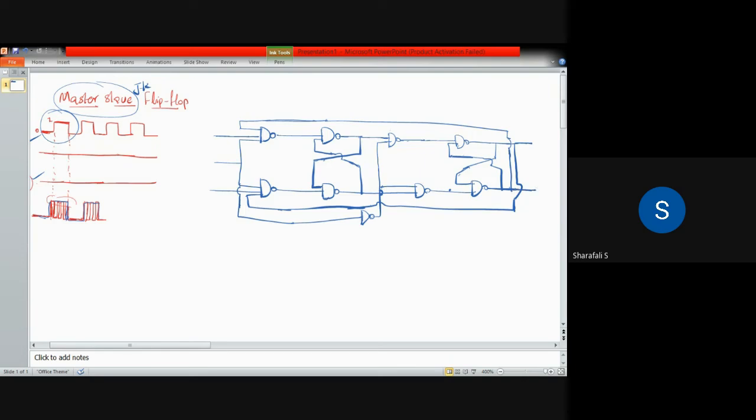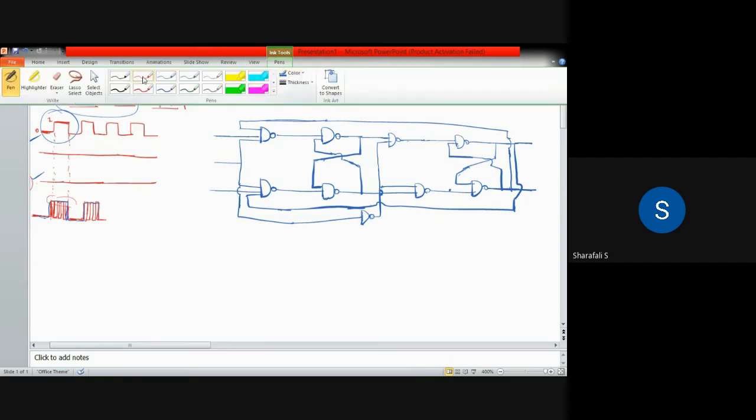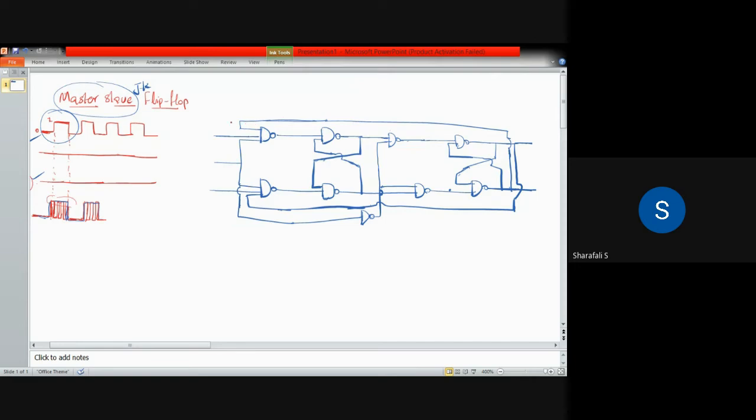So this is your master slave JK flip flop, and the first JK flip flop will act as your master, and the second one is acting as your slave. So this portion will be acting as your master. This is your master, and this one is slave.